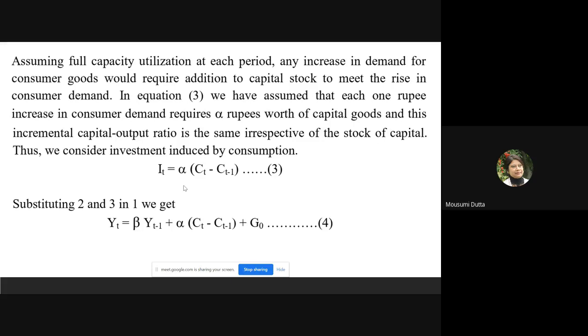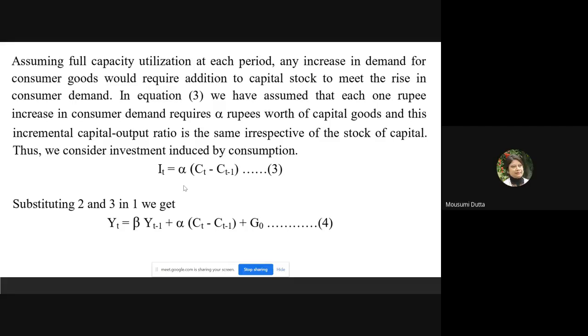Okay. If you think about reality, in fact, capital output ratio also changes. However, to frame the basic model, we are considering this alpha is a constant. Got the point? Yes, ma'am. Thank you.